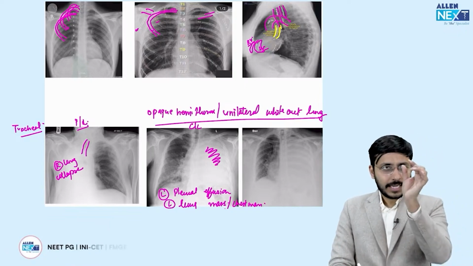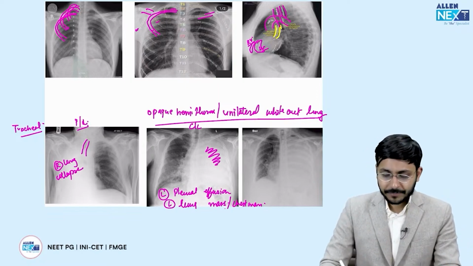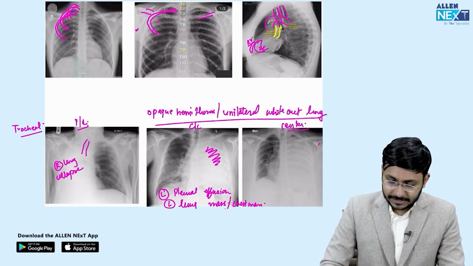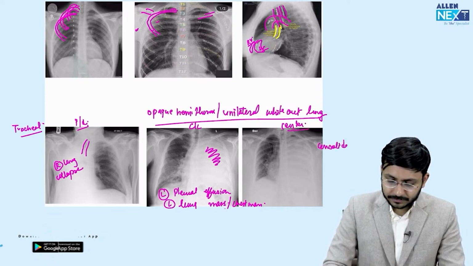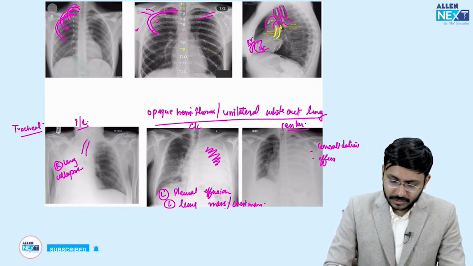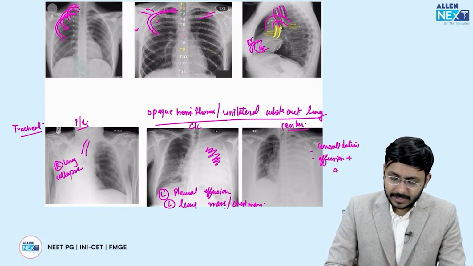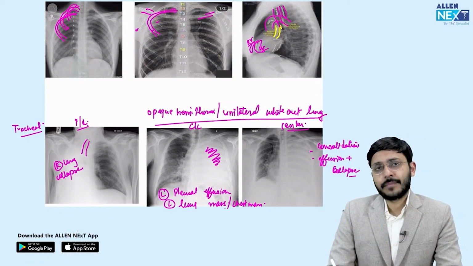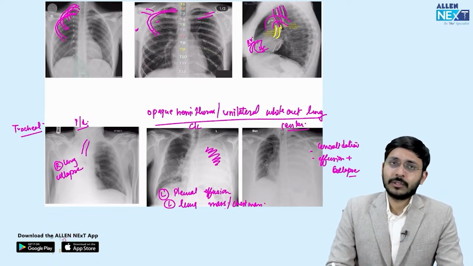But if the trachea is in the center, then it is either consolidation or a pleural effusion with an associated underlying collapse of lung. So these are the DDs of opaque hemithorax.